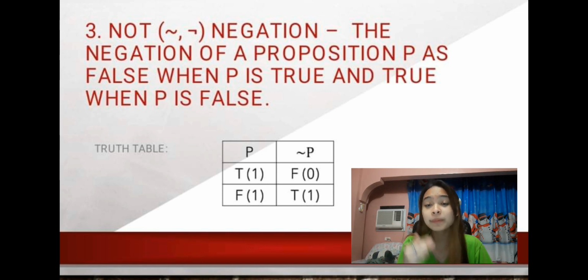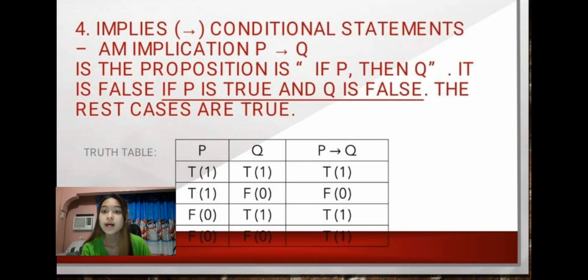So if P is true, then not P is the opposite, so it is false. So let's have the truth table. TF. What is the opposite of T? It is false. So not P is false. Then F. What is the opposite of F? It is true. So let's go to the next logical connective.